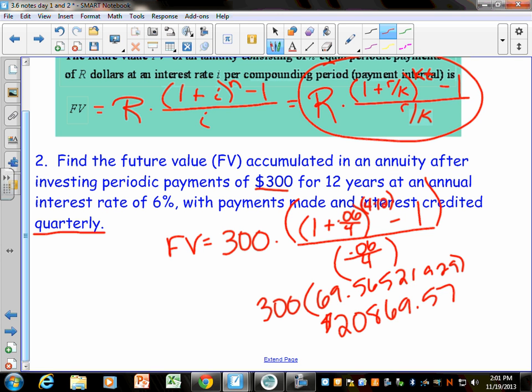Anybody need calculator help? I needed calculator help for a while. Having some issues. I always save the 300 till the end. See, one of these makes you appreciate one of those.